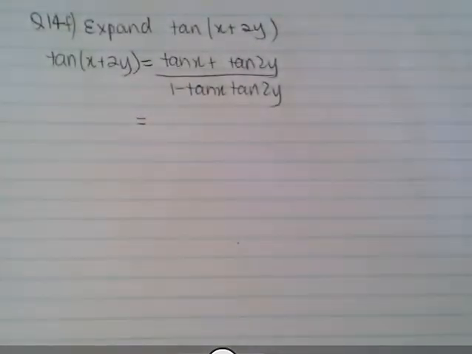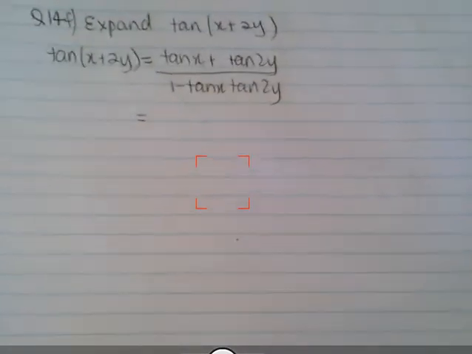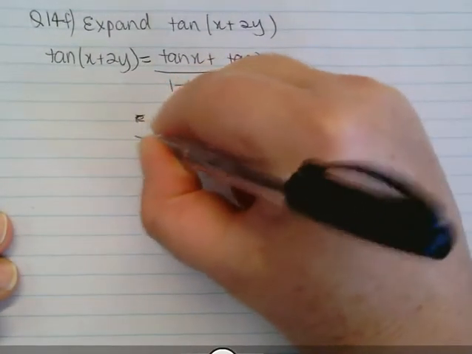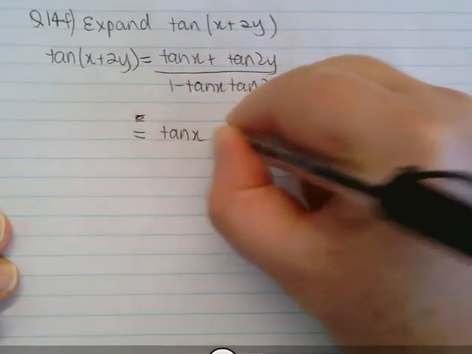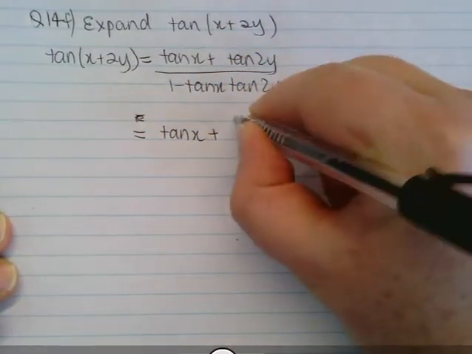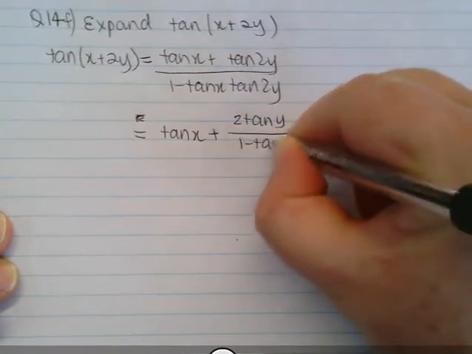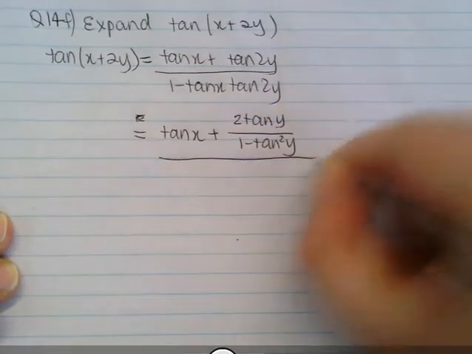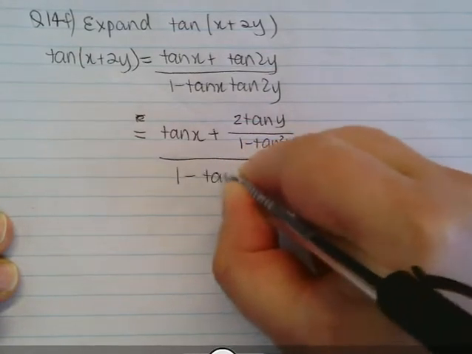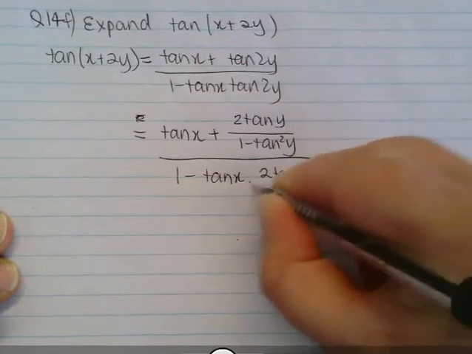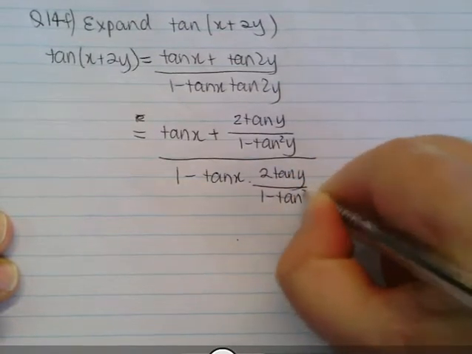Now, we need to come up with an expression for tan of 2y within that. So we've got tan of x plus, now tan of 2y, isn't it 2 tan y over 1 minus tan squared y, divided by 1 minus tan x times 2 tan y over 1 minus tan squared y.